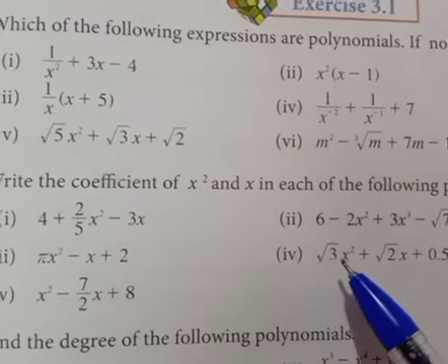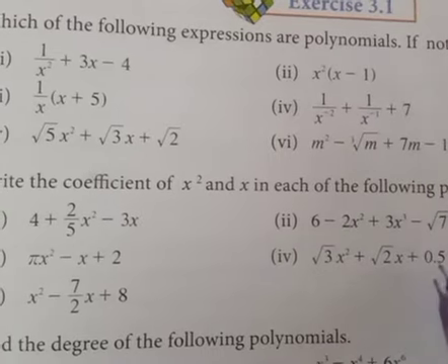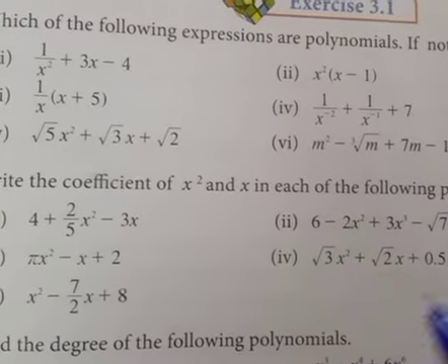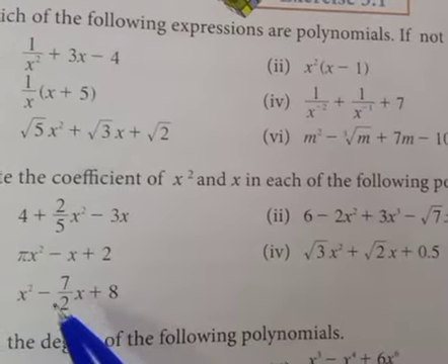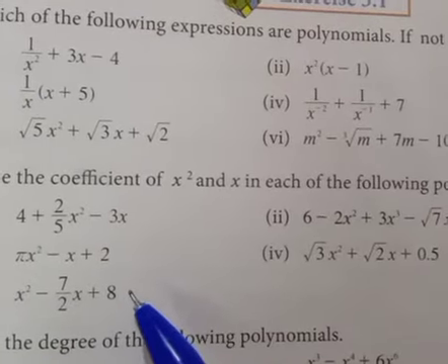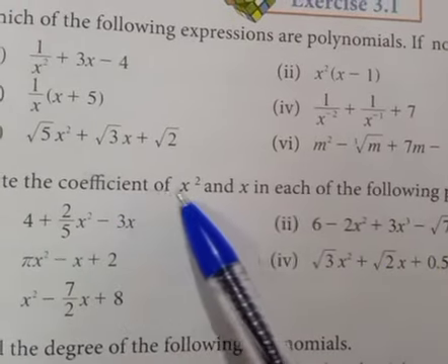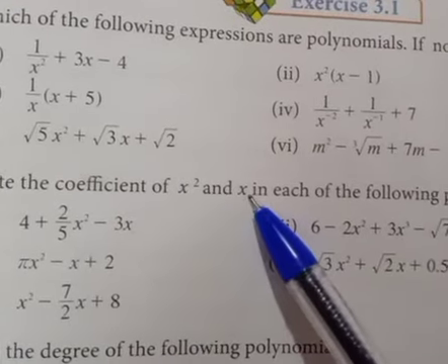Fourth problem, root 3x square plus root 2x plus 0.5. Fifth problem, x square minus 7 by 2x plus 8. For these 5 problems, we have to find the coefficient of x square and x.